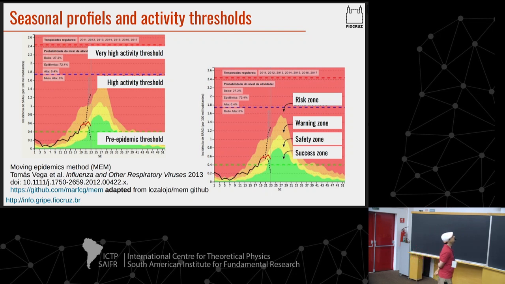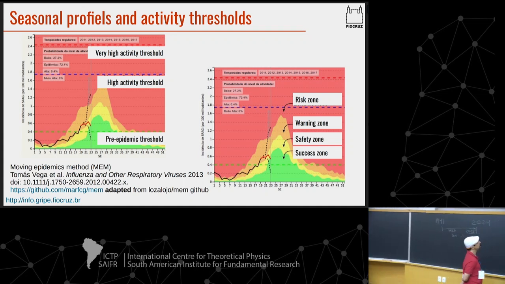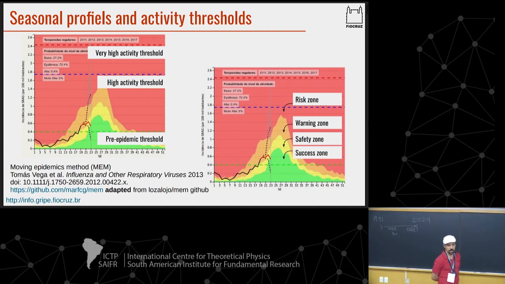Now, the colored background is what we discussed about the endemic channels, right? It is more or less the same logic, but instead of separating my weeks into pre-epidemic, epidemic, and post-epidemic, I'm constructing case distributions for each particular week.